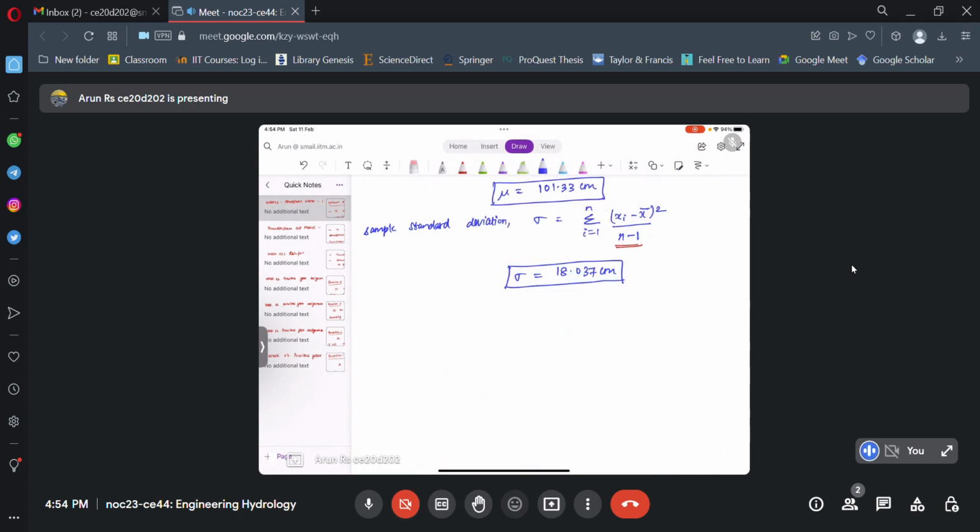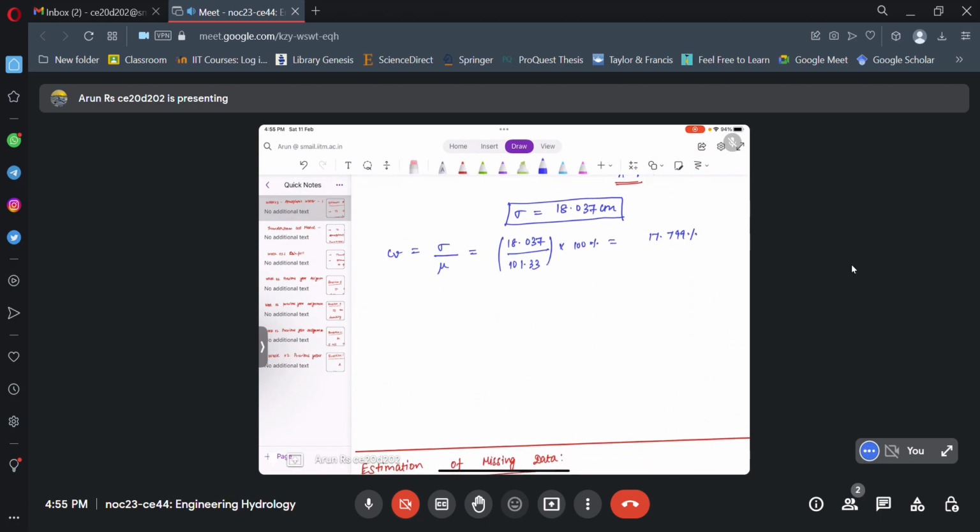Next we determine the coefficient of variation, which is the ratio of standard deviation to the mean, multiplied by 100%. So now we are getting 17.799%.